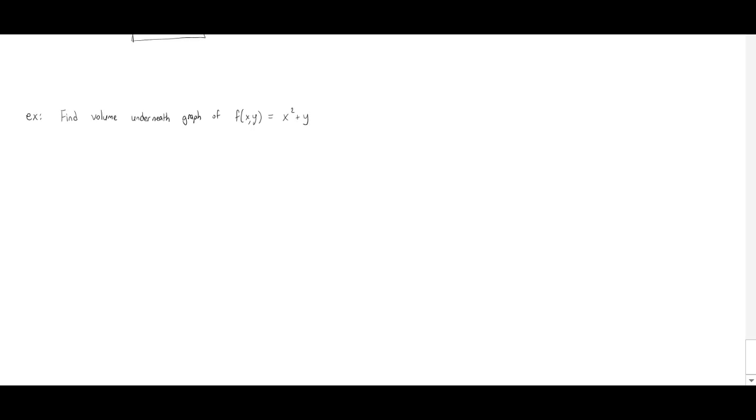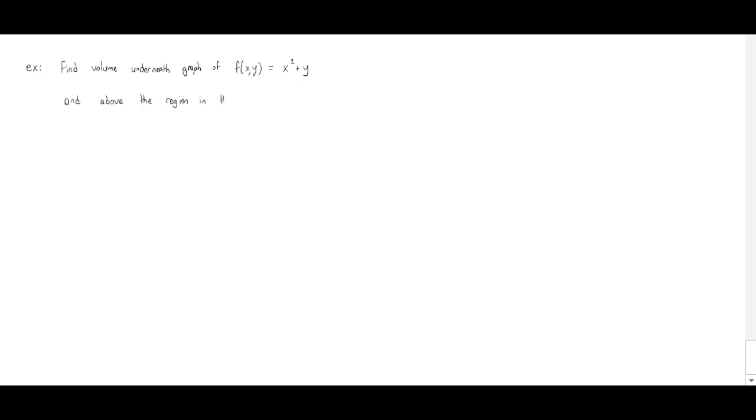Underneath f and above the region in the first quadrant bounded by x plus y equals 1. Okay? It's a little bit different from what we've done, but let's try to see how we'll set this up, okay?